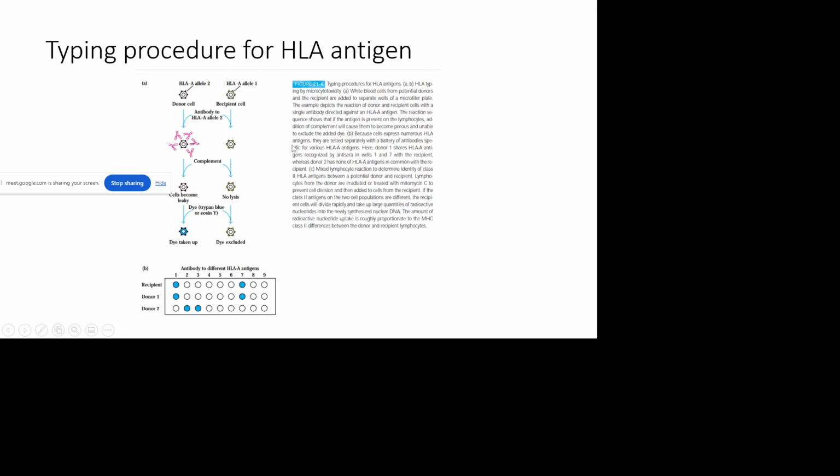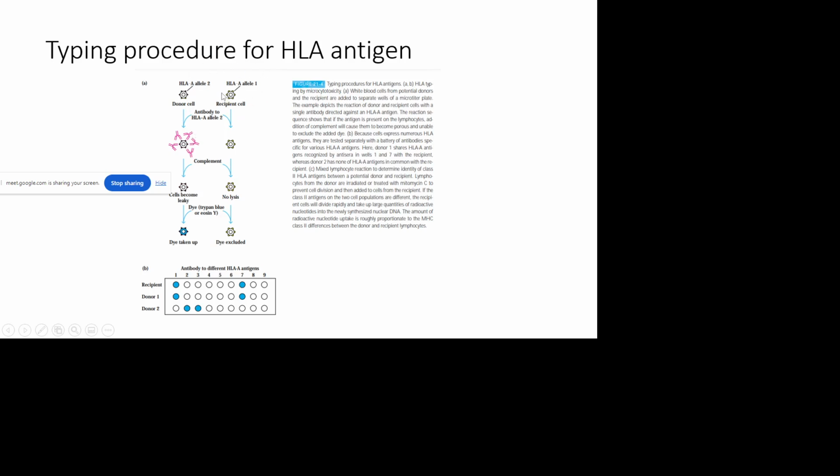So how will this test happen? Donor cells and recipient cells will be taken in a microliter plate, where each circle represents a well. Suppose the donor has HLA allele 2 and the recipient has HLA allele 1. They are sharing different alleles, so this donor cannot transplant to the recipient, right? Because they have different alleles.